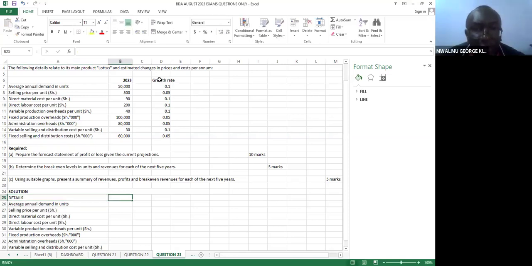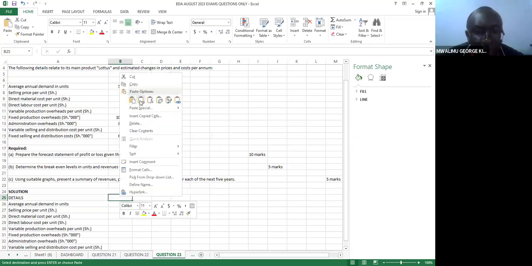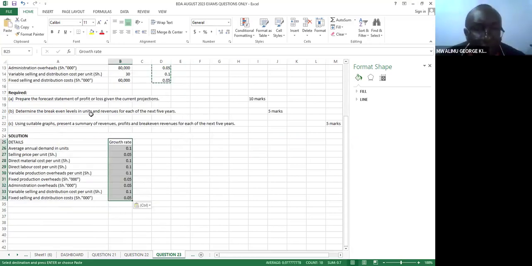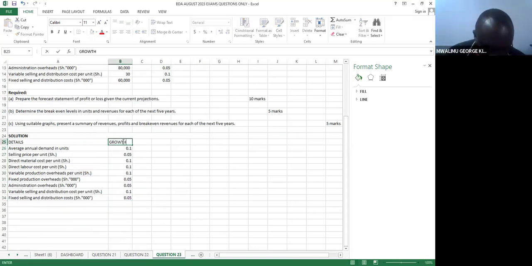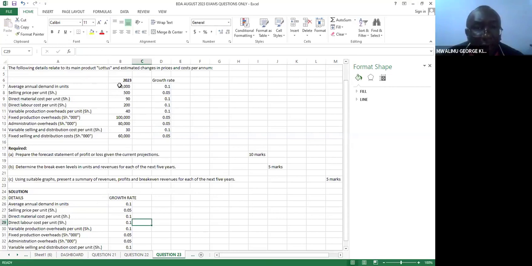I want to have the growth rate first here. The growth rate. Then I copy the year 2023 here.